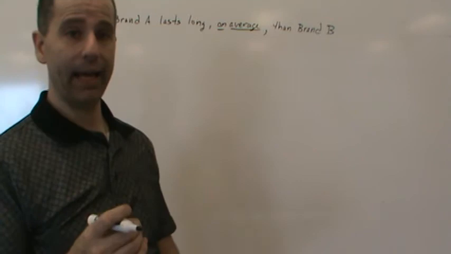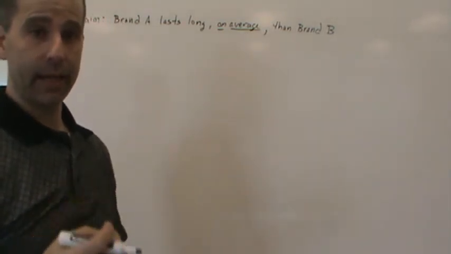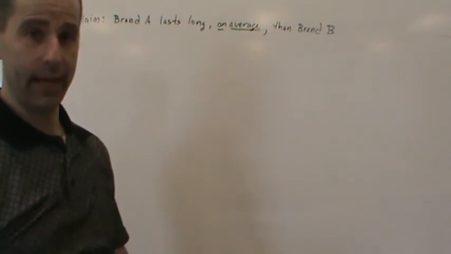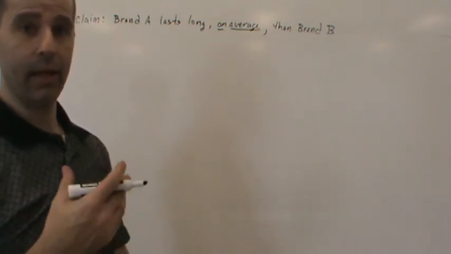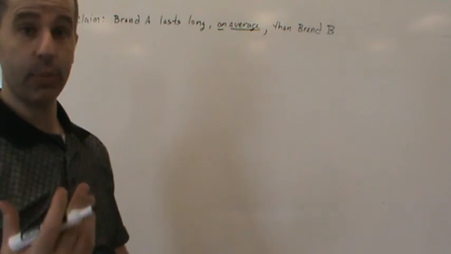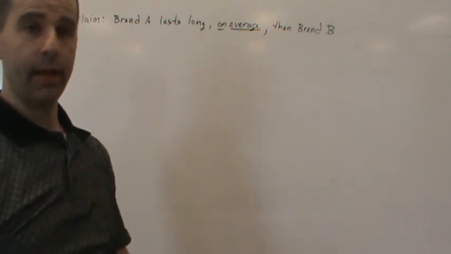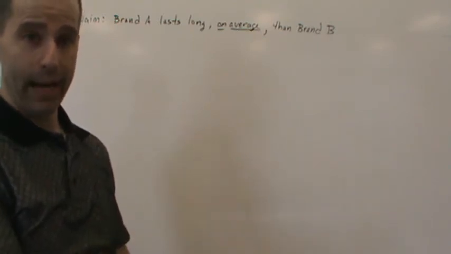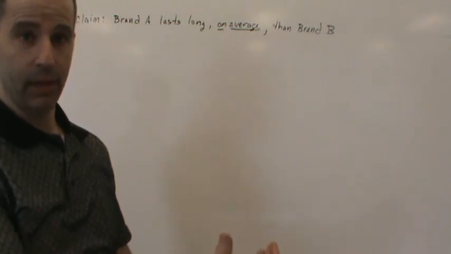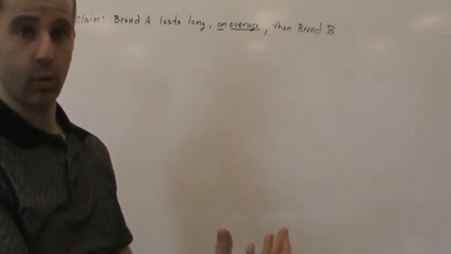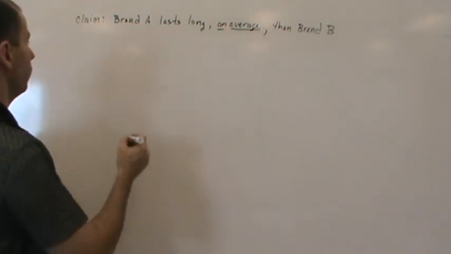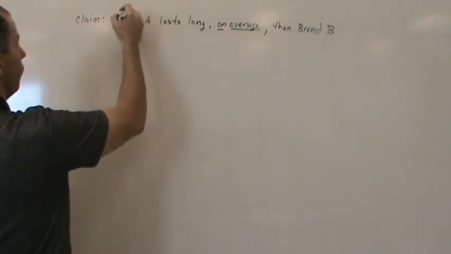We decided that brand A is population 1, so population 1 is going to be the length of time that brand A wax lasts. That's where we're going to get x1, so that's going to be mu1. And mu2, the second population, is going to be the population of times that brand B wax lasts, where we get x2.